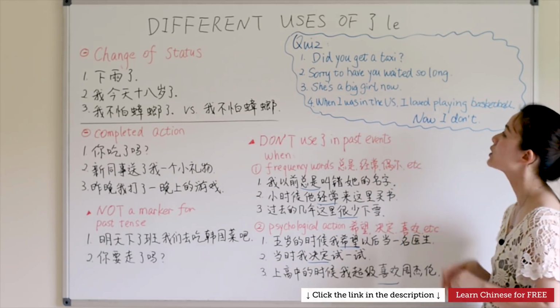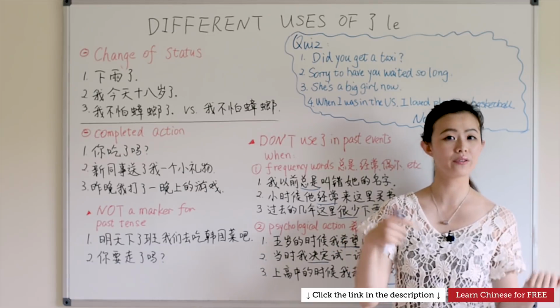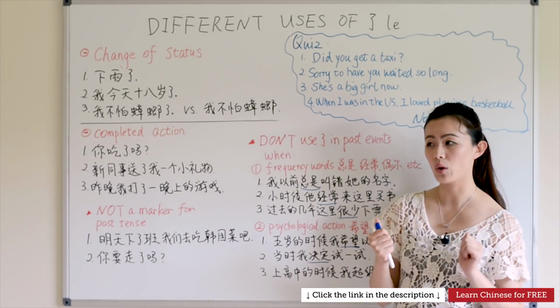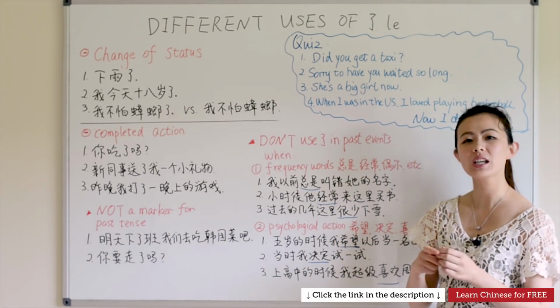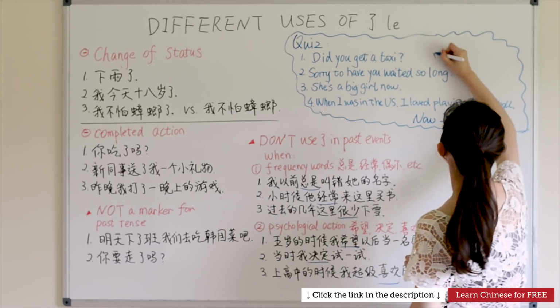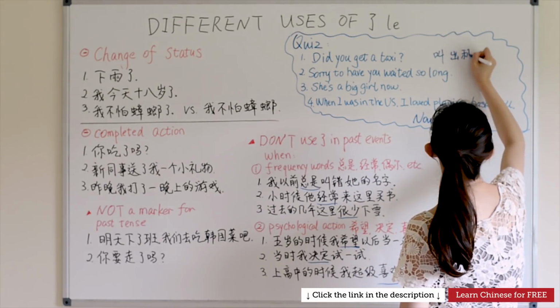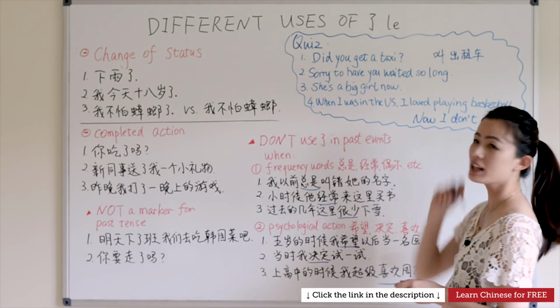And I talked about the uses of 叫 in the previous lesson. So when you say to get a taxi or to hail a taxi, we can use 叫出租车. Okay. Did you get a taxi?